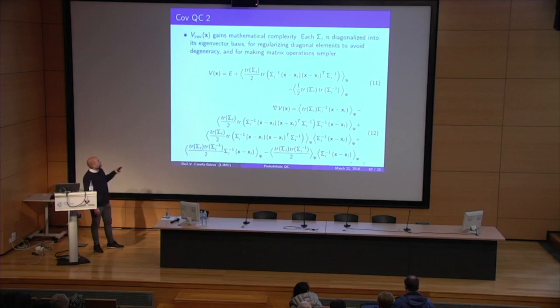So we are using the eigenvector basis of each observation, and applying some regularization term in the diagonal elements, just to avoid dividing by zero and also to make the matrix operations simpler.